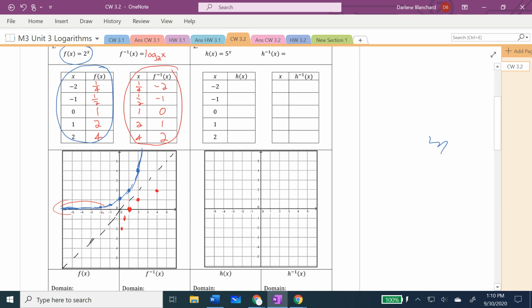What's here is all of my y values stay positive near 0, while my x is heading to negative infinity. So instead of saying my y values are positive, I'm going to say with the logarithm, my x values are positive, and they are heading towards 0, while y is heading to negative infinity. I have a vertical asymptote with my log graph.